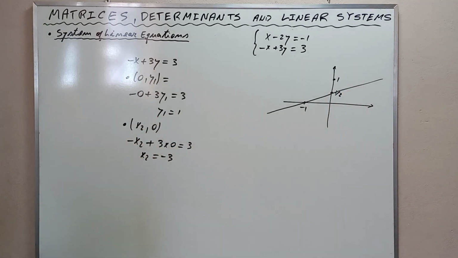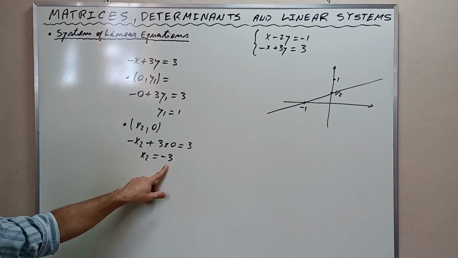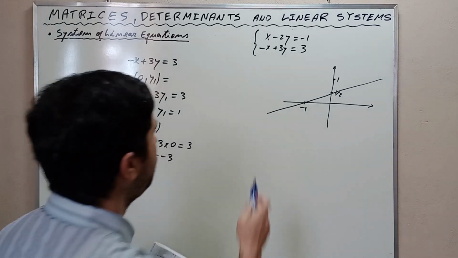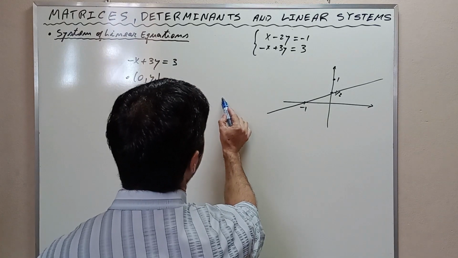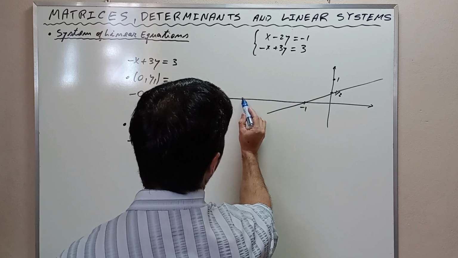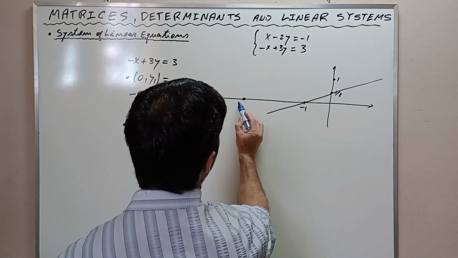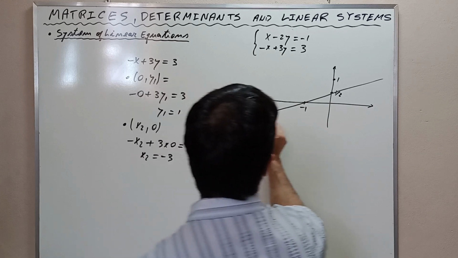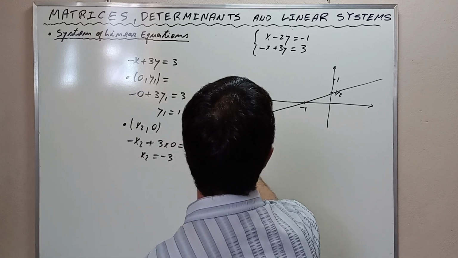And the point of intersection with the x-axis, we have negative 3 and 0. We have negative 3 here. And then the line is going to be this.